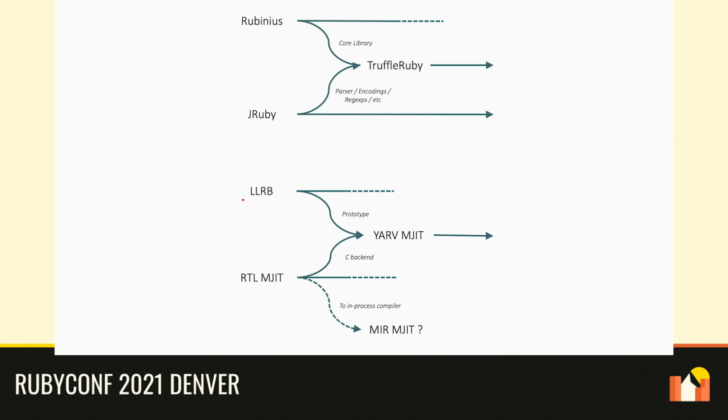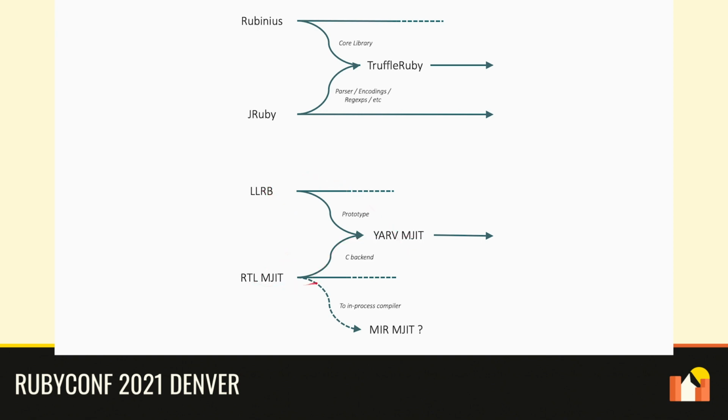LLRB was one of the first more serious efforts to build a Ruby just-in-time compiler inside MRI. That prototyped some ideas, but they then fed into YarvJIT, which is now what we have today. RTL MJIT was the first version of MJIT, used a different architecture to YarvJIT, but both of these generate C code as their backend. So we can say that RTL MJIT fed into Yarv MJIT.